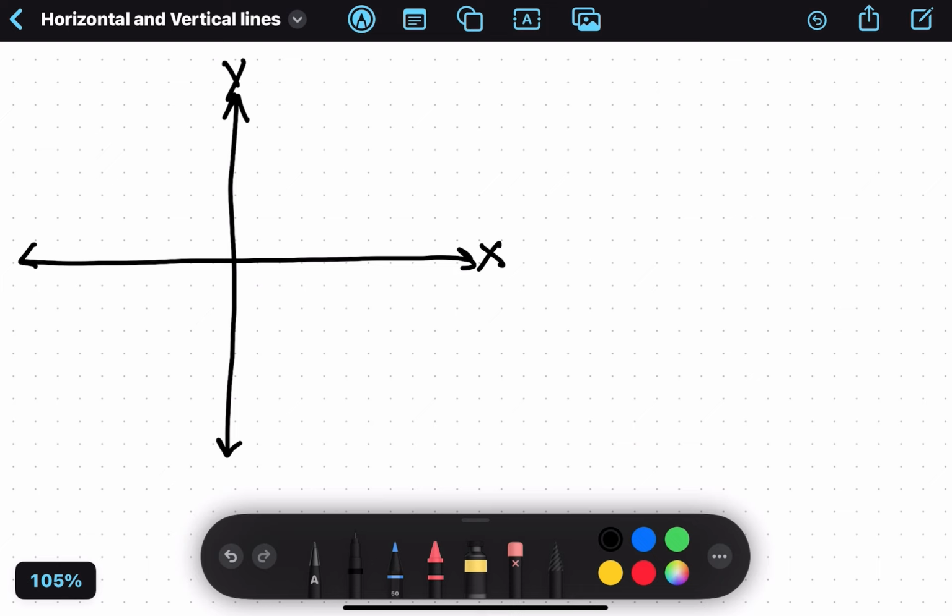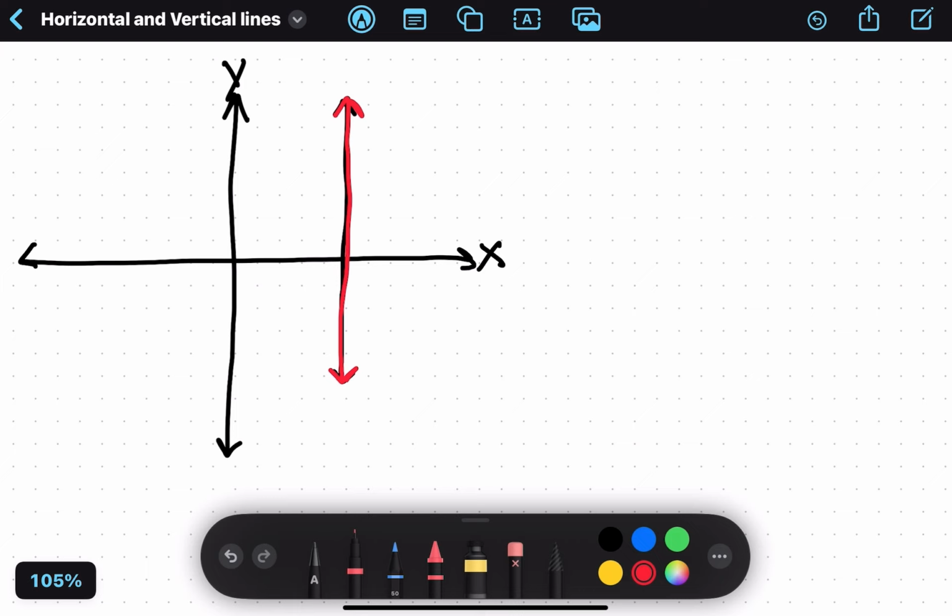Now, if I were to draw a vertical line, would you be able to give me the equation of this line that I drew right here? I'm actually going to make it red. What would be the equation of the red line?